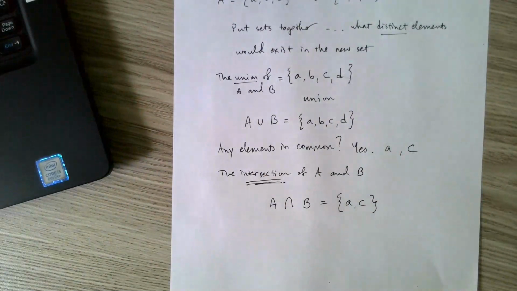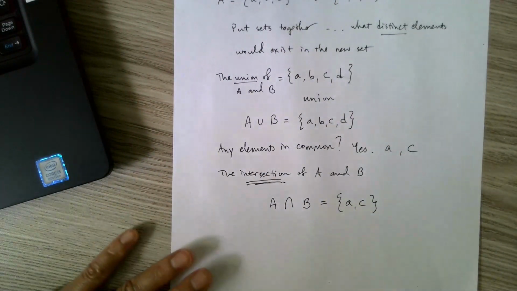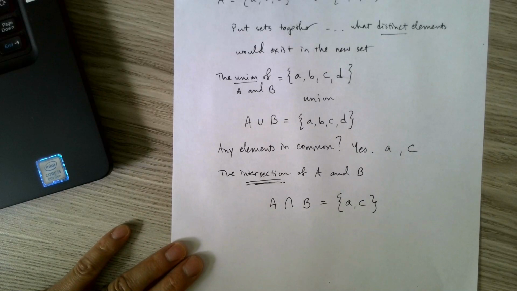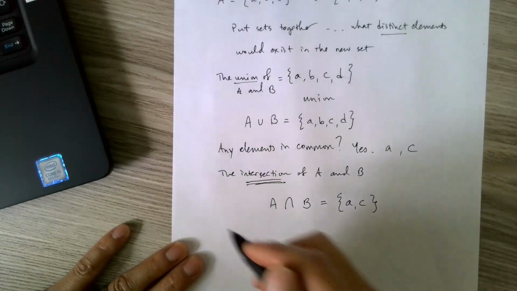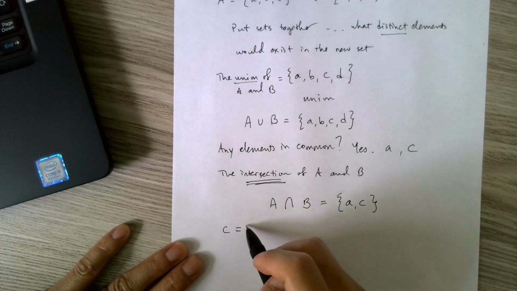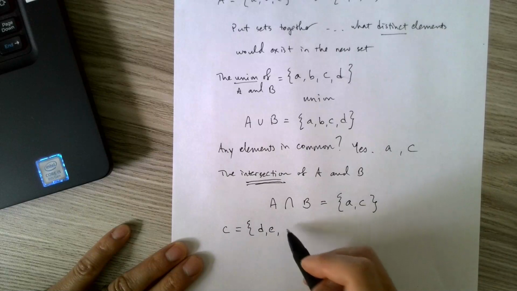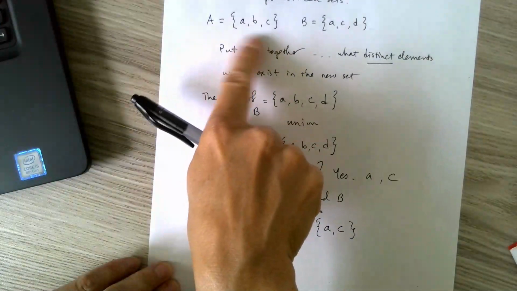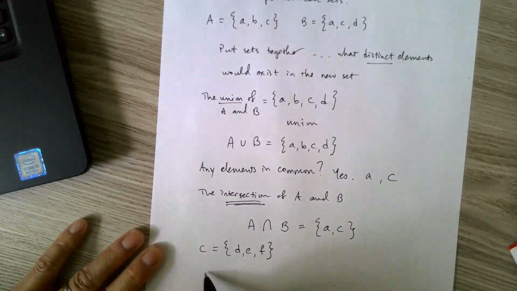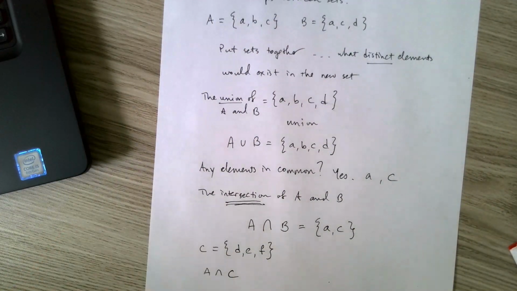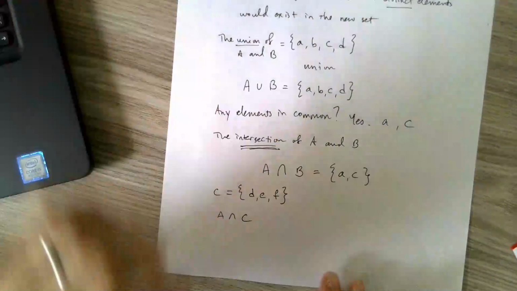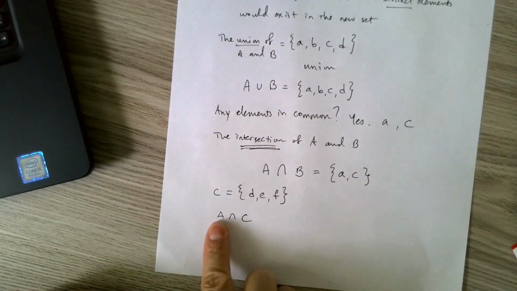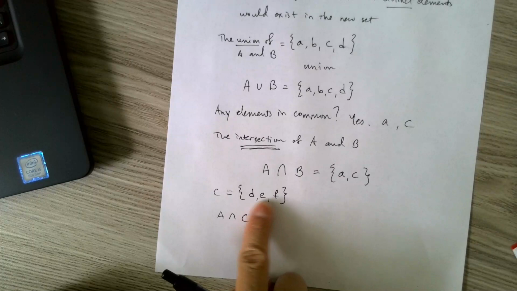Now I can play around with these union and intersections a little bit. Let's say I make up a third set, D, E, F. And I'm still going to use set A up here, the original set A. And I'm interested in the intersection of A and C. Well, A had A, B, C, and C has D, E, F. You can see that right here.